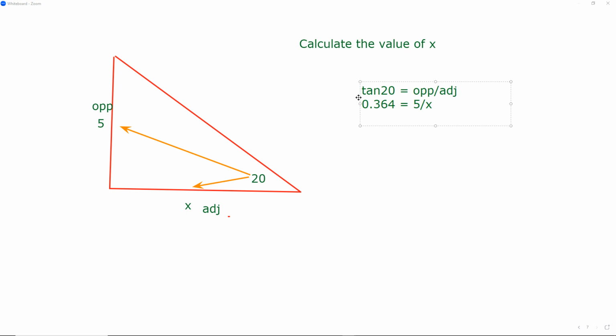Now, when you have the unknown x at the bottom of a fraction, another thing you can remember is we can swap. We're going to swap this with x. All right, so what will that become? X equals 5 divided by 0.364.